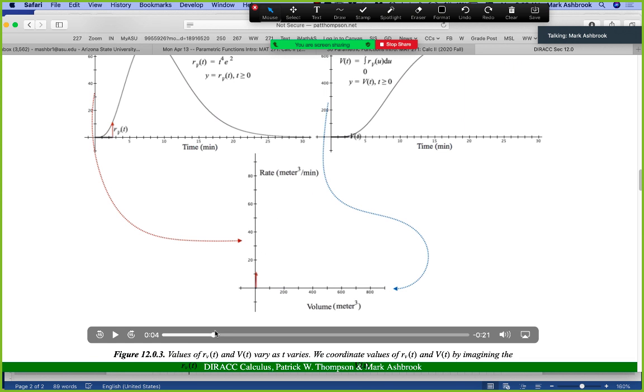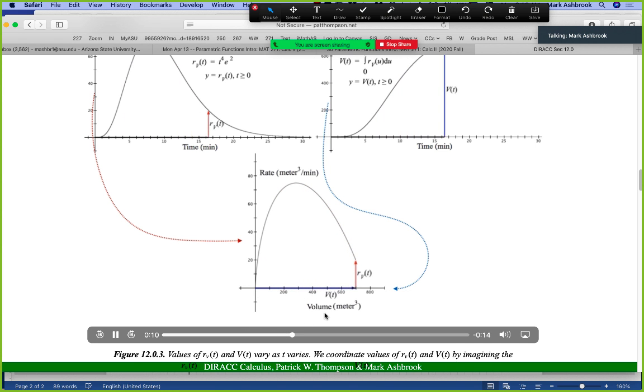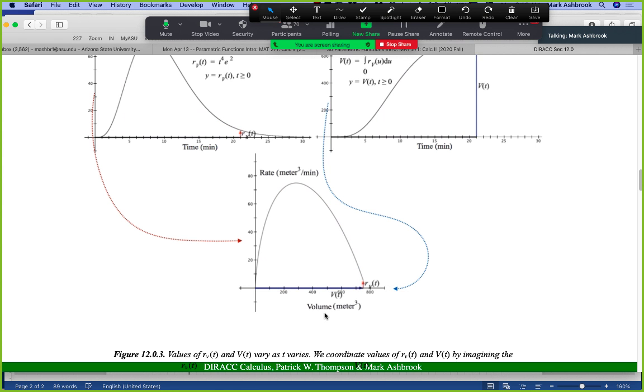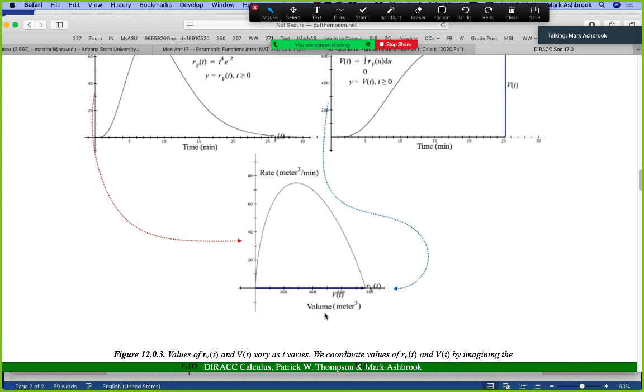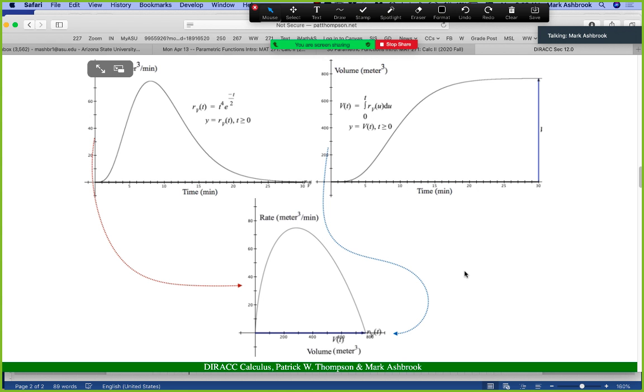So as t increases, every time gives an amount, a volume, and a rate for which we plot a point. But then if we let time increase continuously, the string of points will generate continuously, and we'll get the whole graph. Okay, so does the idea make sense here?